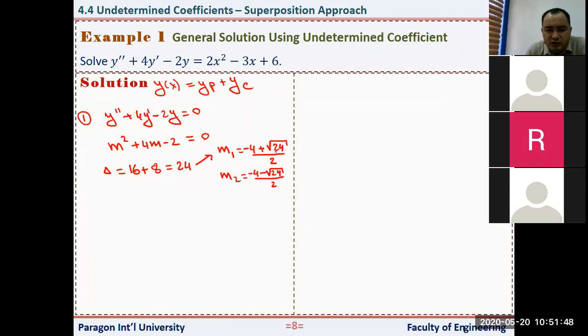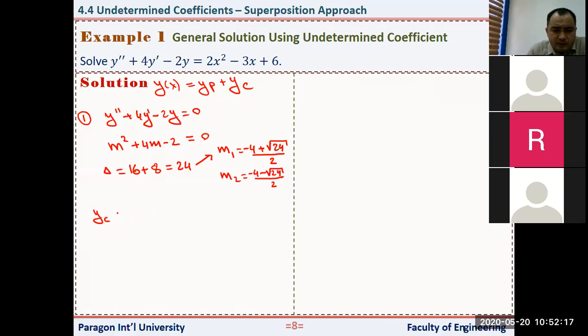It is 24 equals 4 times 6, so the square root of 24 is 2 square root of 6, giving m sub 1 equals minus 2 plus square root of 6, and m sub 2 equals minus 2 minus square root of 6. Okay? Then the solution will be, what is it? I can just write here that y, the particular solution, right?